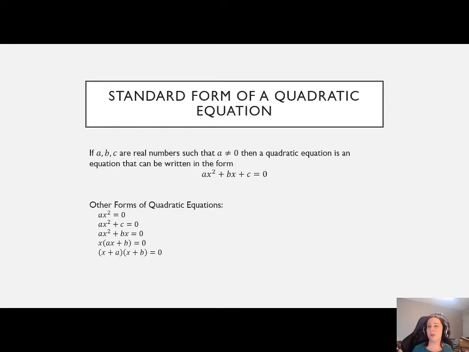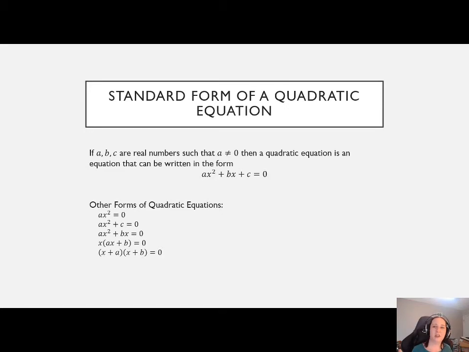There are other forms of quadratic equations that you can see. I have some listed below. This is not every possible combination that you'll find, but these are all types of quadratic equations, and these are the most common ways that you'll see something that is quadratic.